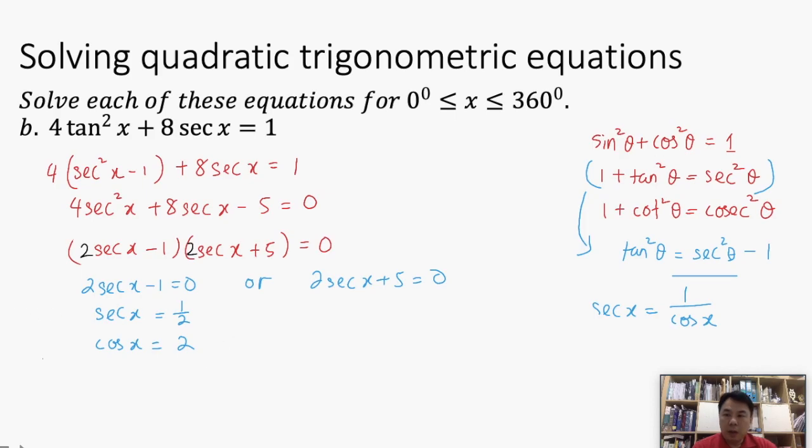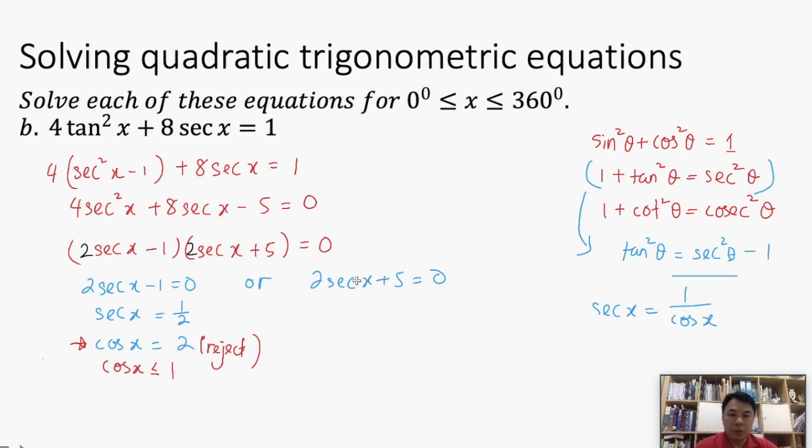But we know that the range for cos x, just as a reminder, the maximum value for cos x is 1. So therefore, this is not a solution. So we will need to reject this solution here.